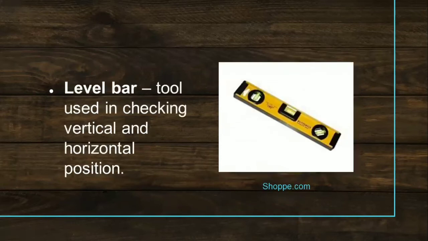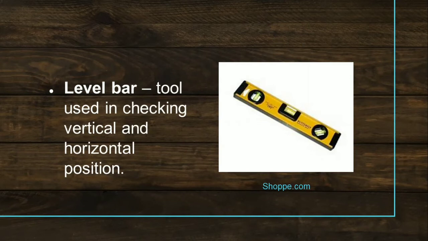Okay, and the last one is the label bar. So label bar is a tool used in checking vertical and horizontal position. So it consists of a small glass tube containing alcohol or a similar liquid, and it has an air bubble inside.